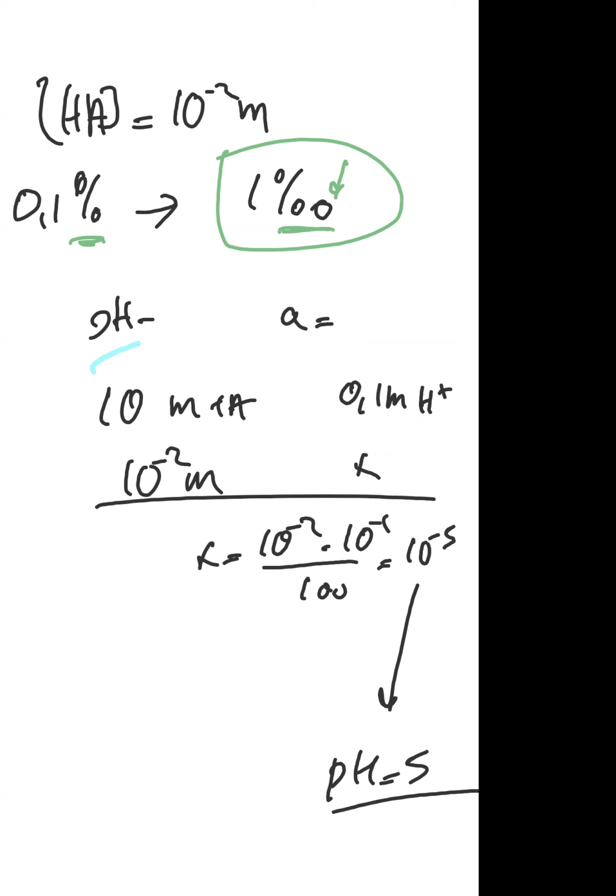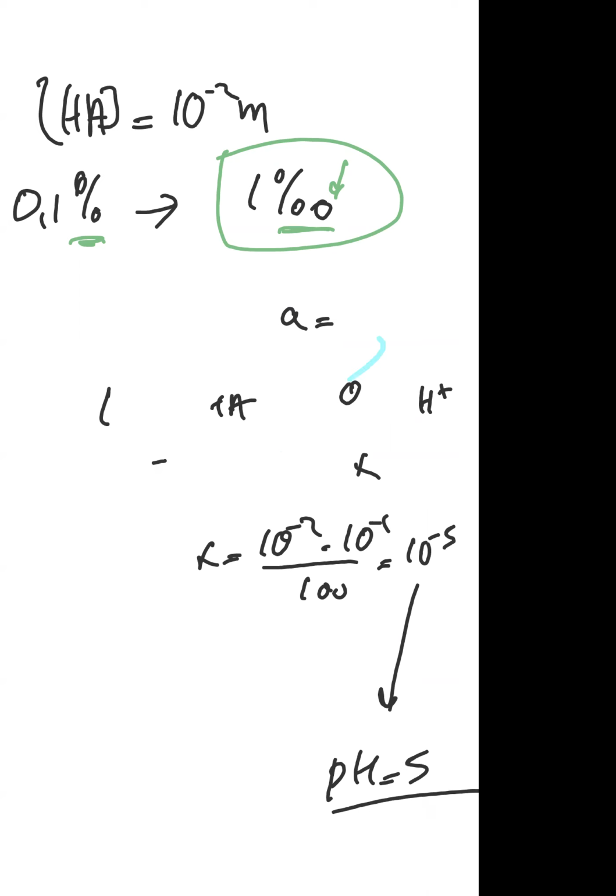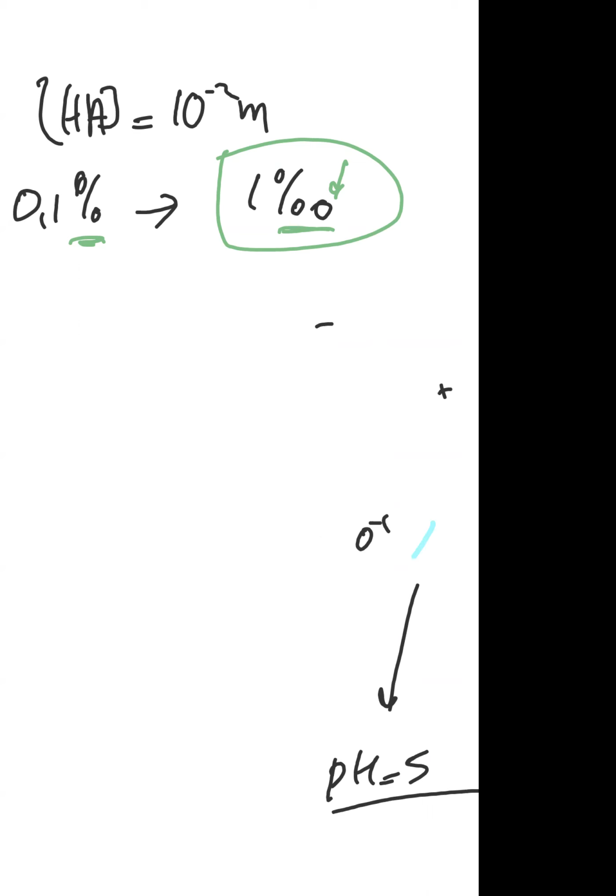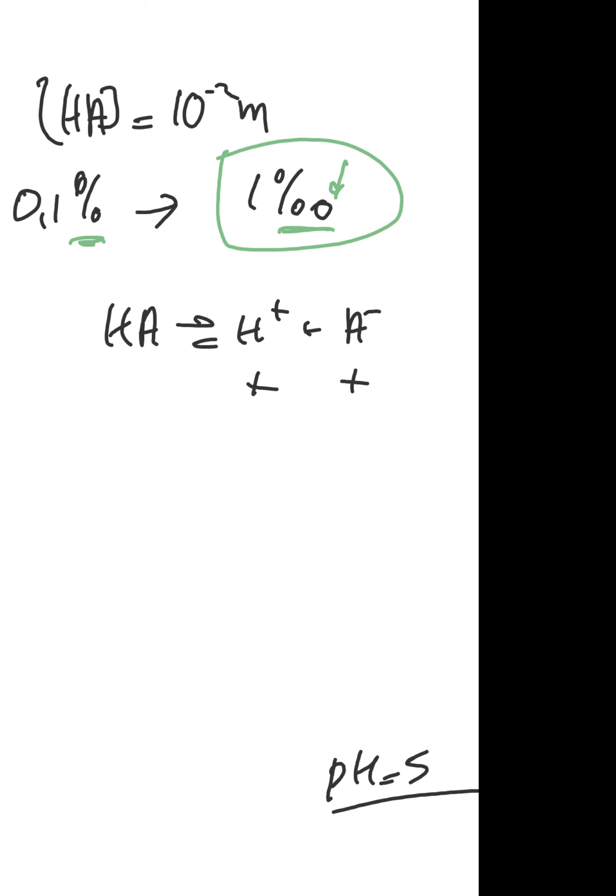Now we have enough data to calculate the Ka value. Very firstly, we may put X's for ions while we are putting 10 to minus 2 for the initial concentration of HA. But we have no other information there. First, we have to find those.